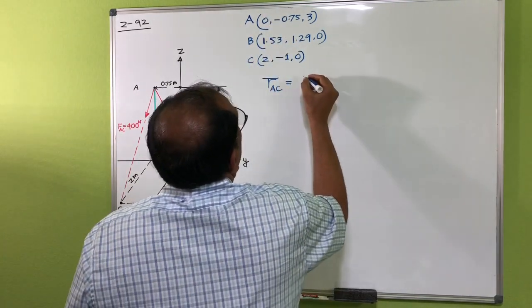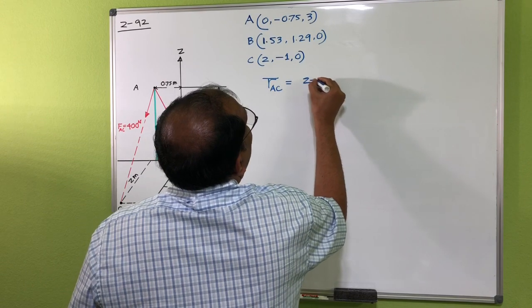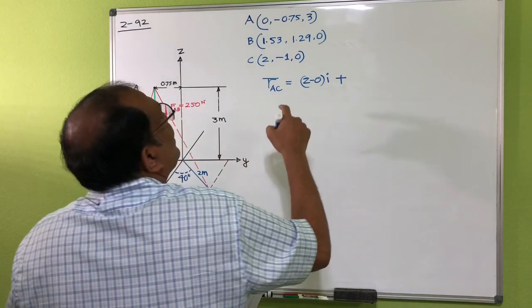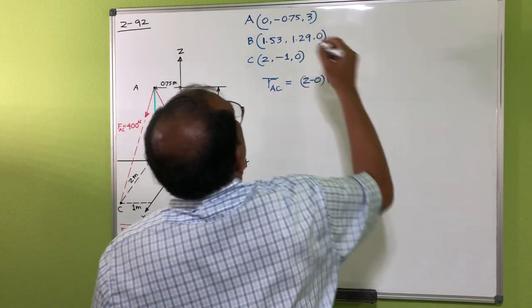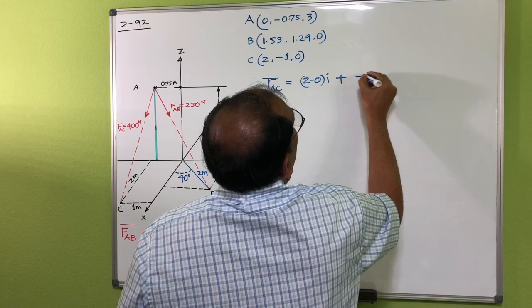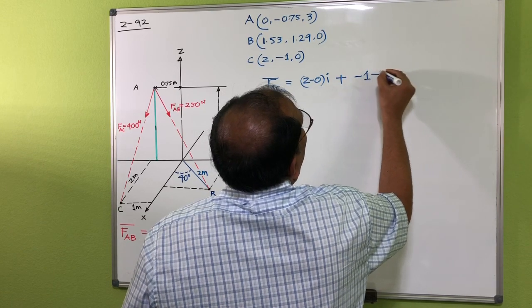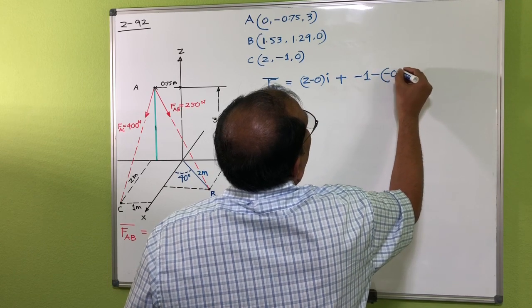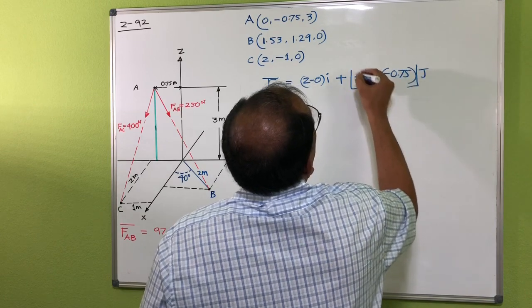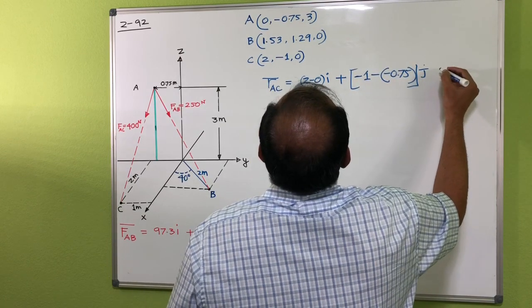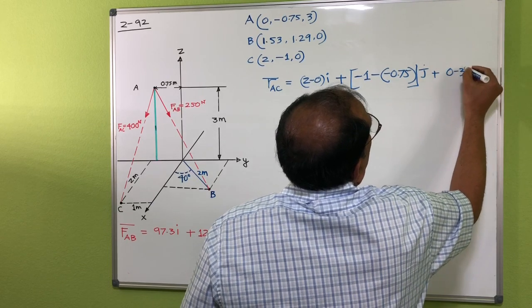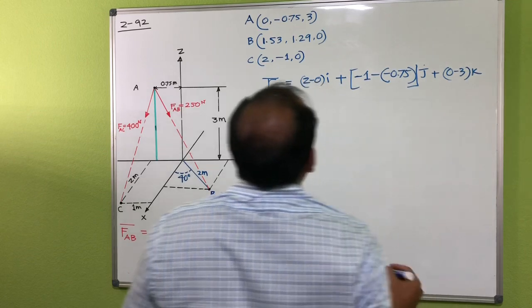So 2 minus 0 I, plus minus 1 minus 0.75 J, and then 0 minus 3K.